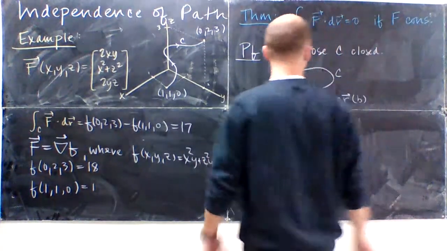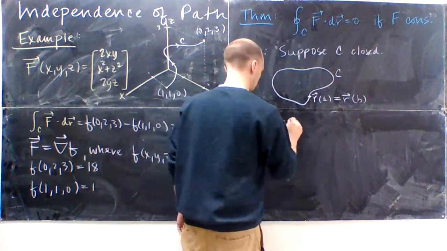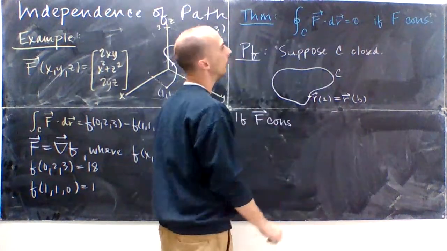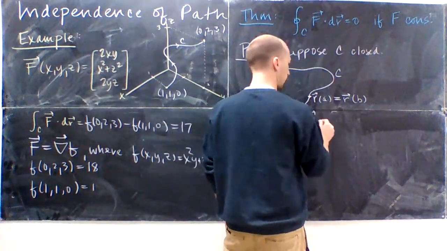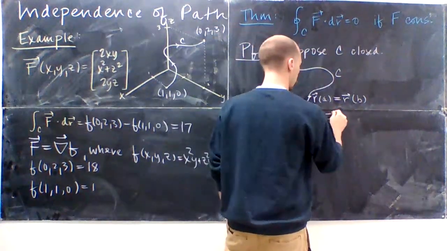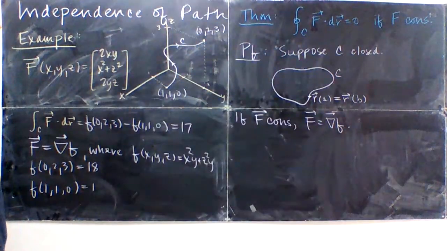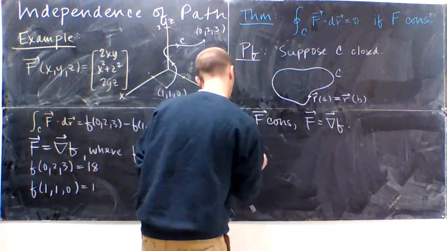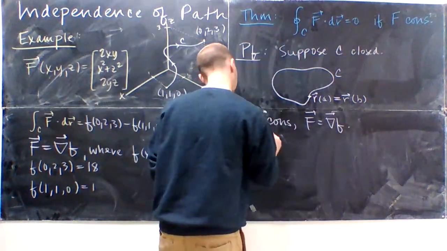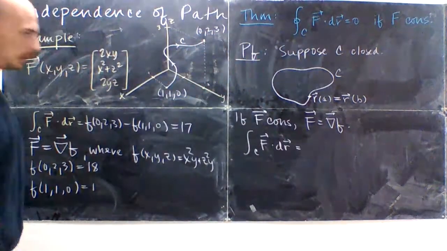Well, I already know that if f is conservative, then we will have f equals the gradient of some other potential function. Which means also that the integral over curve C of f dotted with dr is going to be, what was I going to say?